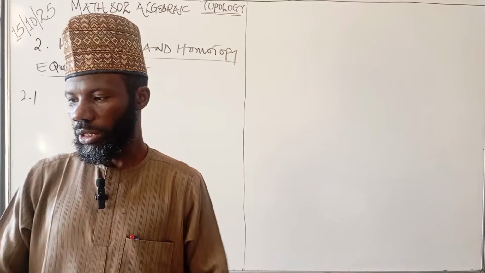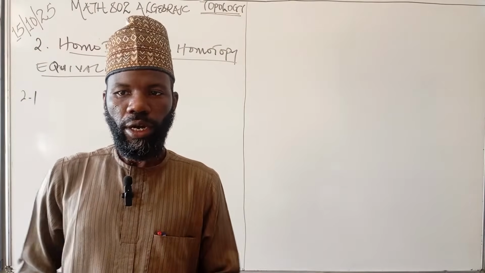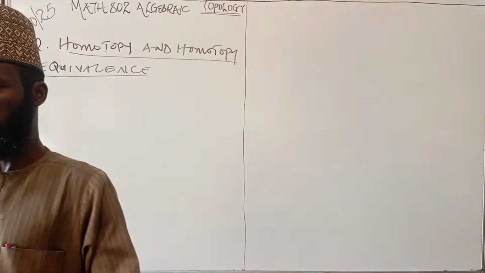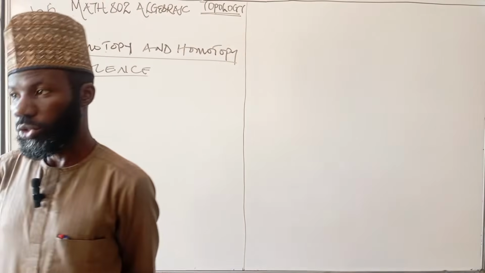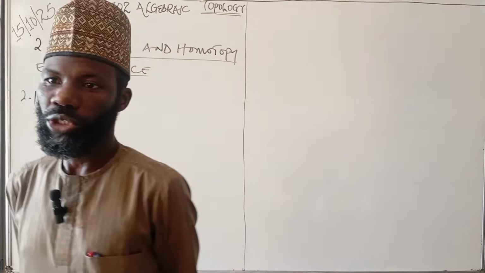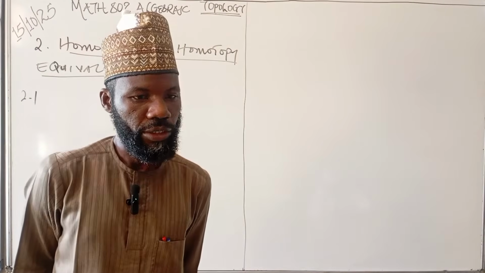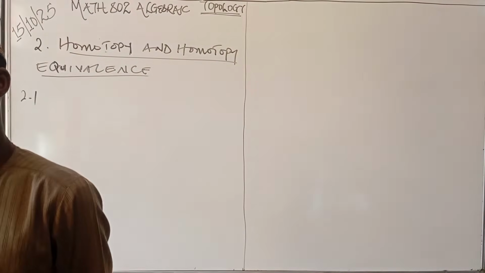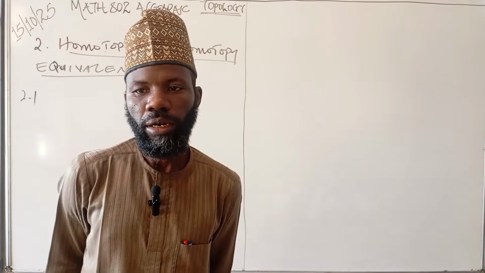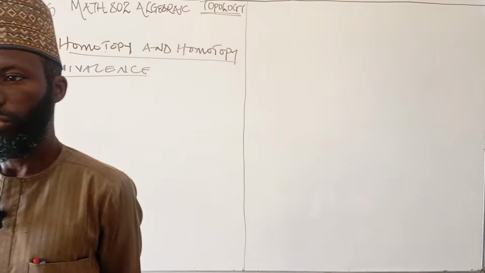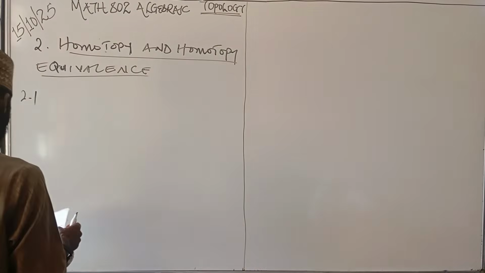While we want to know whether two spaces are homeomorphic, it is much better in the theory to generalize the notion of homeomorphism to the notion of homotopy. So homotopy is a much weaker notion than homeomorphism. Whenever spaces are homeomorphic, they are homotopic, but you will have many spaces that are homotopic but not homeomorphic. We will define the notion and then we'll see what it is.